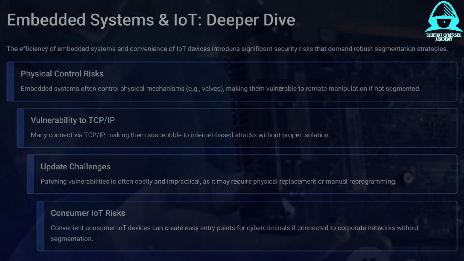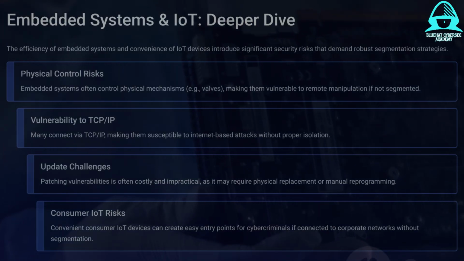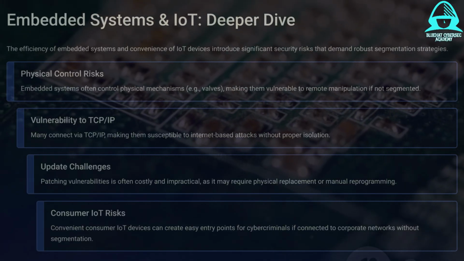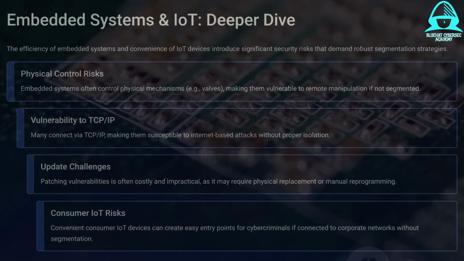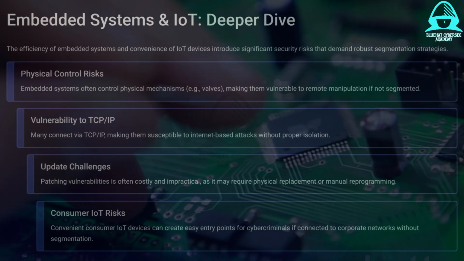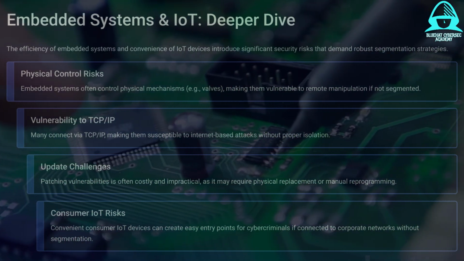Now let's take a deeper dive into embedded systems and IoT security considerations. The very characteristics that make embedded systems efficient also pose security risks. These systems often control physical mechanisms, such as valves for water, steam, or oil. Many are hard-coded or permanently written to memory chips to simplify operation of mechanical parts.